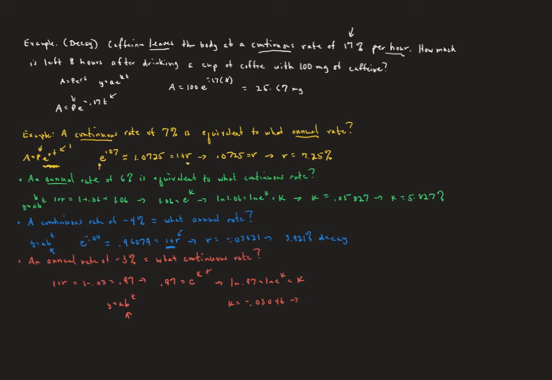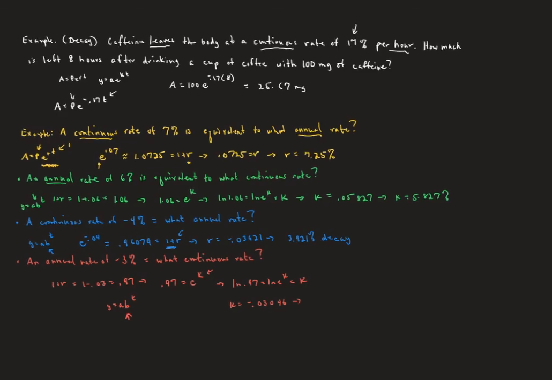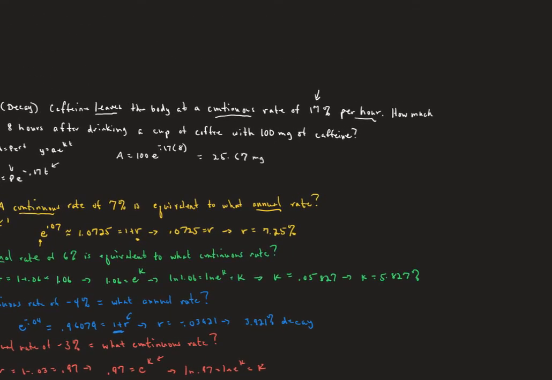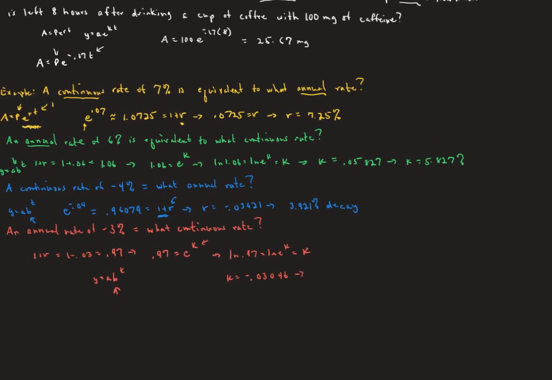So that would mean that our k is going to be a negative 3.046%, or you could say it's a 3.046% decay.